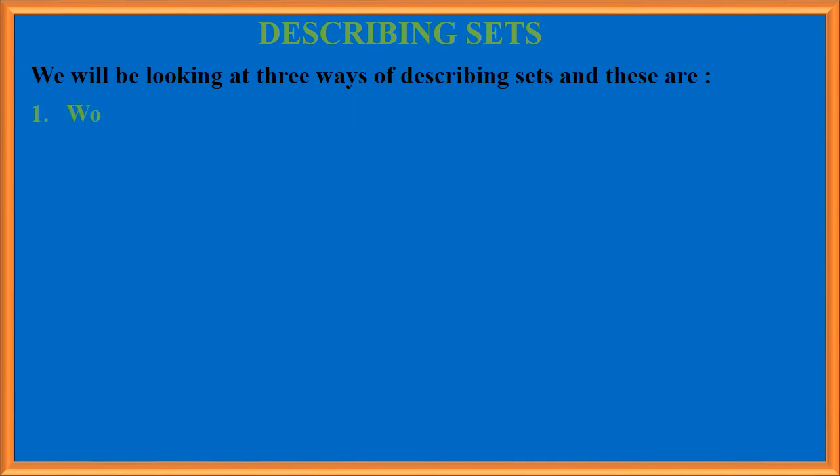The first way is by using words to describe sets, or we say by word description of the elements, or by defining the property of the set.